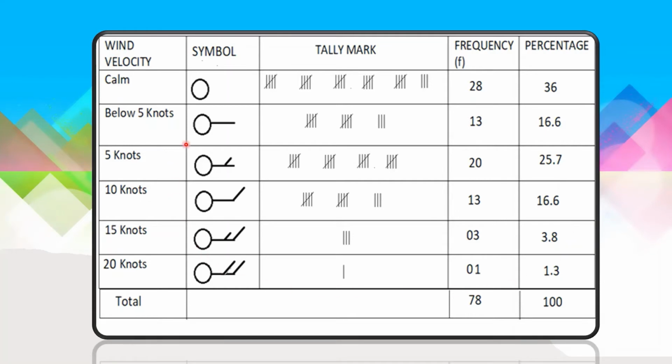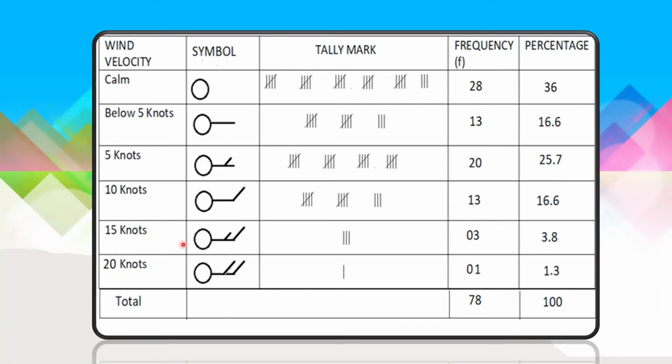This table shows different velocities of winds. 36% of total stations experience calm condition. The highest velocity of wind in the given map is 20 knots, which has been recorded in the Indian Ocean, while in India, a gentle breeze of 15 knots has been recorded at Tamil Nadu and Madhya Pradesh.